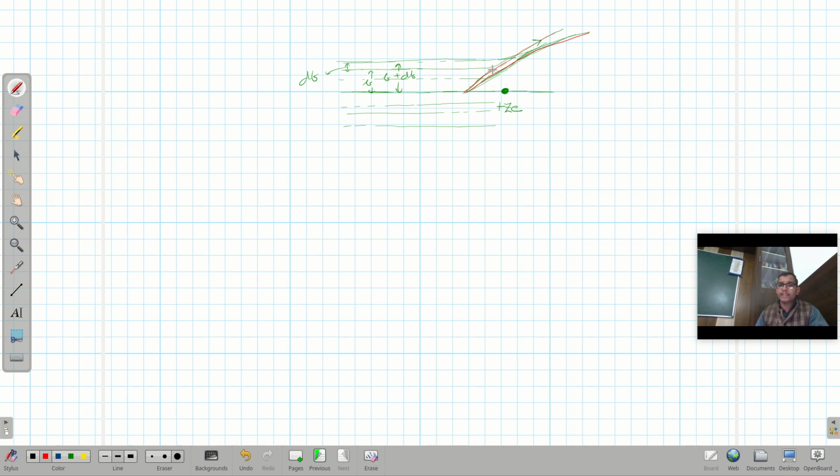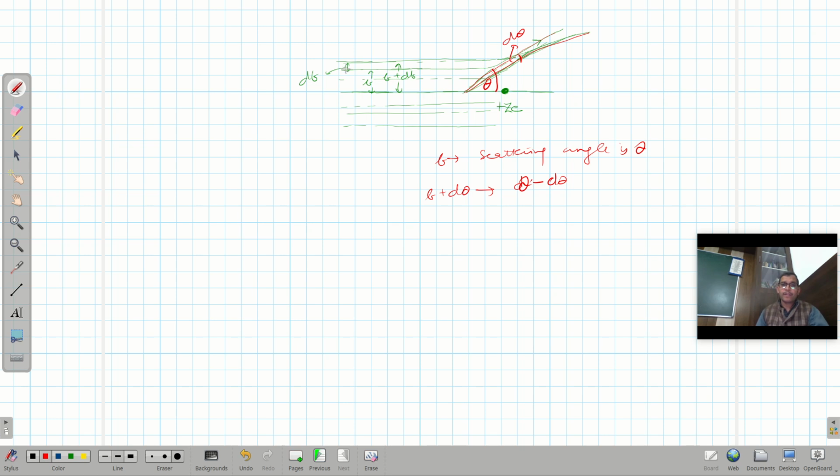Here this angle is theta, and this angle is d theta. So for this impact parameter b, the scattering angle is theta, and for impact parameter b plus db, the scattering angle decreases, so it is theta minus d theta, as is clear from this diagram.